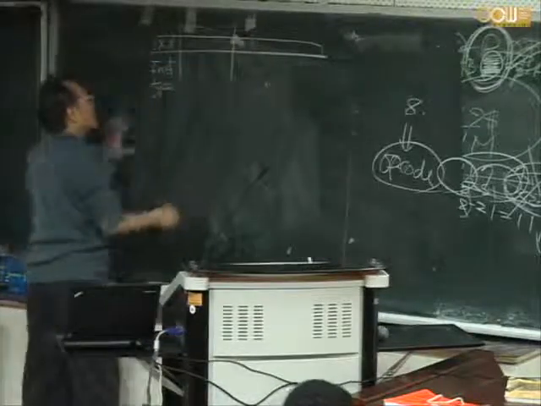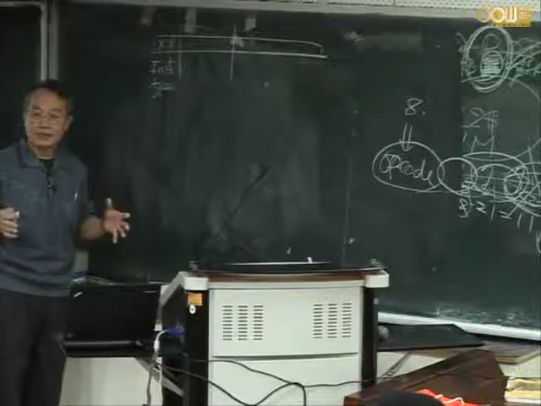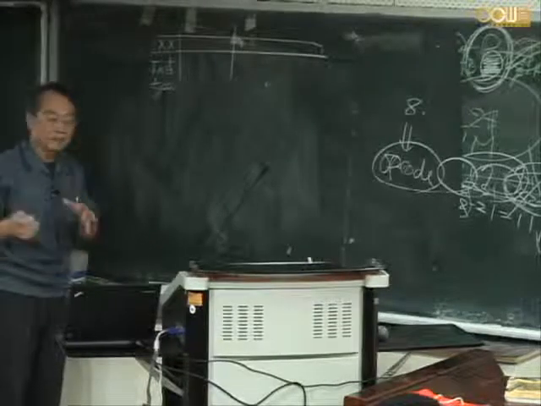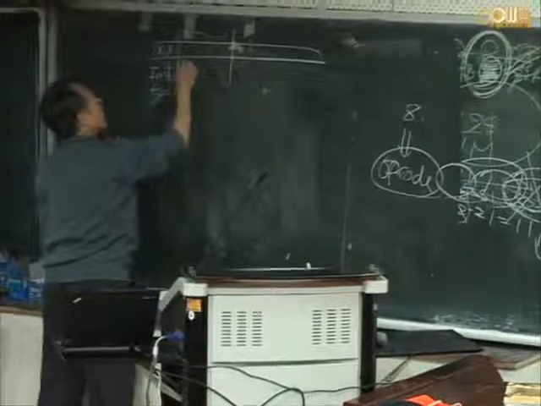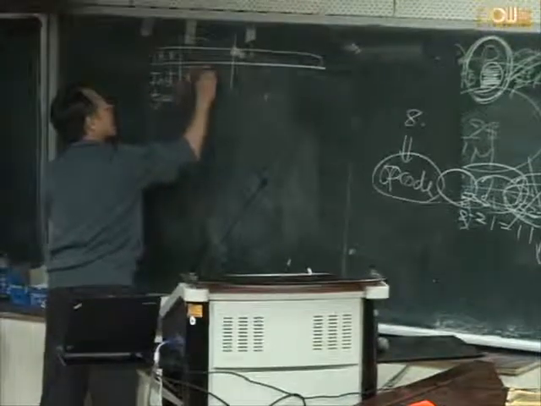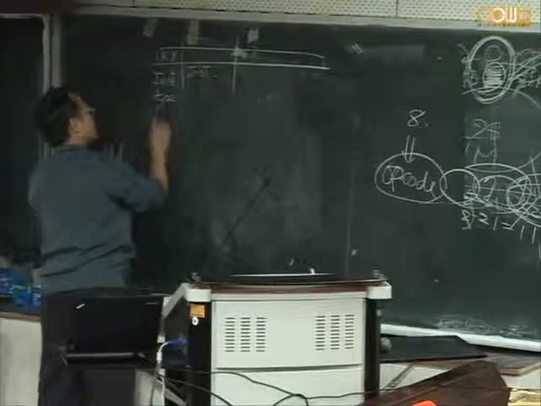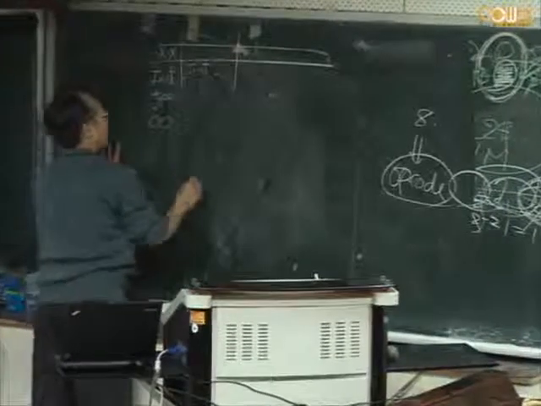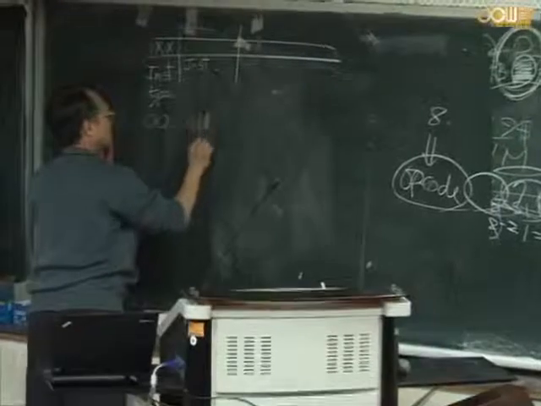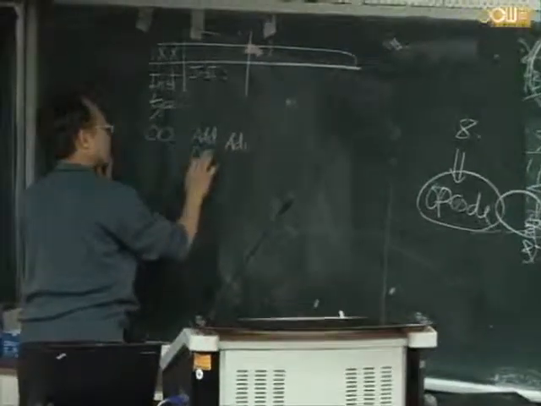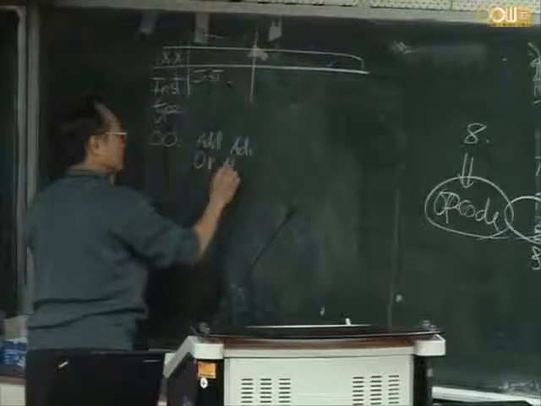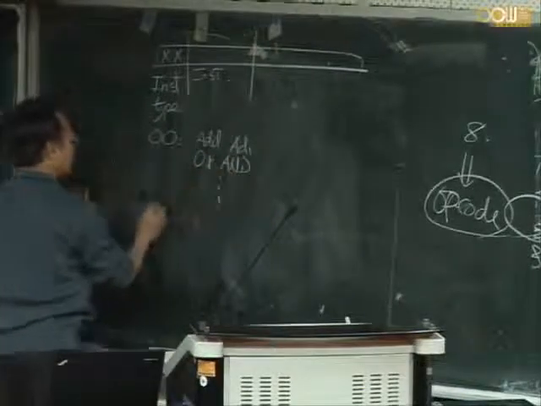So for whatever instruction type, let's say register type, I use these bits to specify the instruction. Like for type 00, I have add with immediate and whatever.